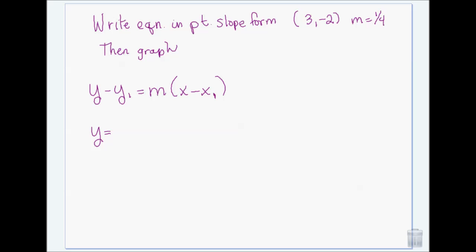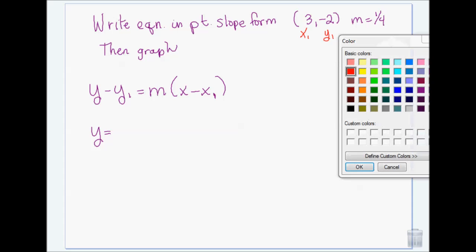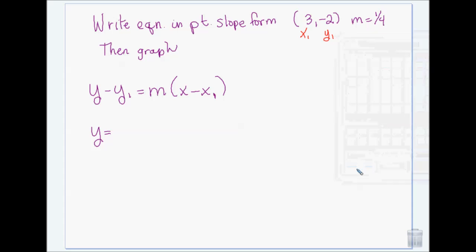But this point right here is x1, y1. I'm going to do y minus y1, which is -2, is equal to m, which is 1/4, times x minus x1, which is 3.